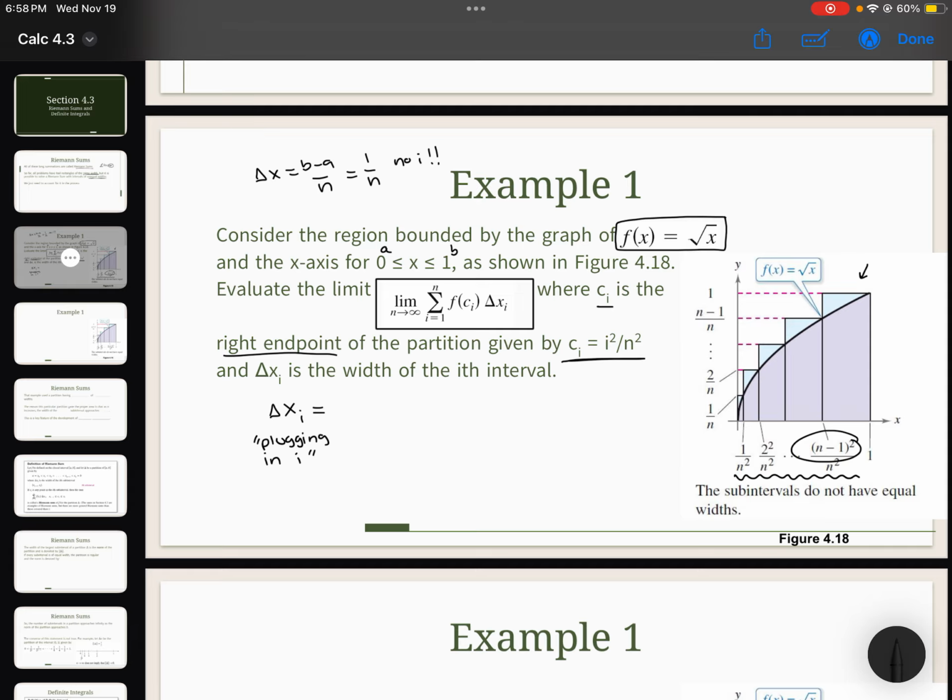All we're going to do is we're going to take our right endpoint, which they're telling us is i squared over n squared, and we're going to subtract the left endpoint of every single rectangle. We're going to notate that by using this i minus 1.